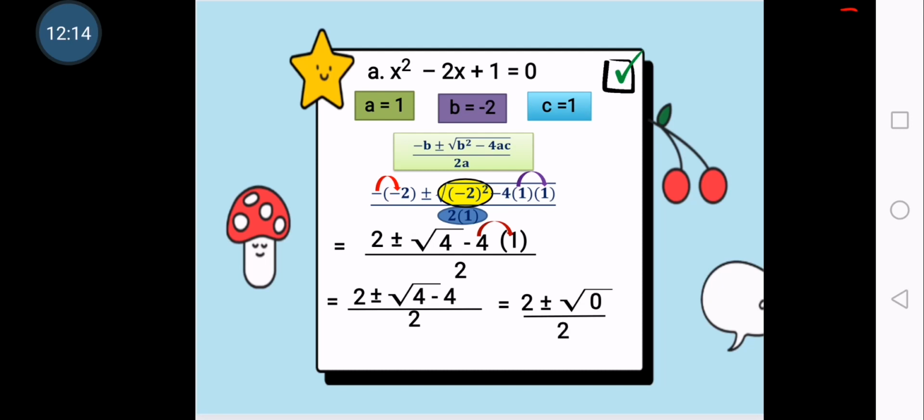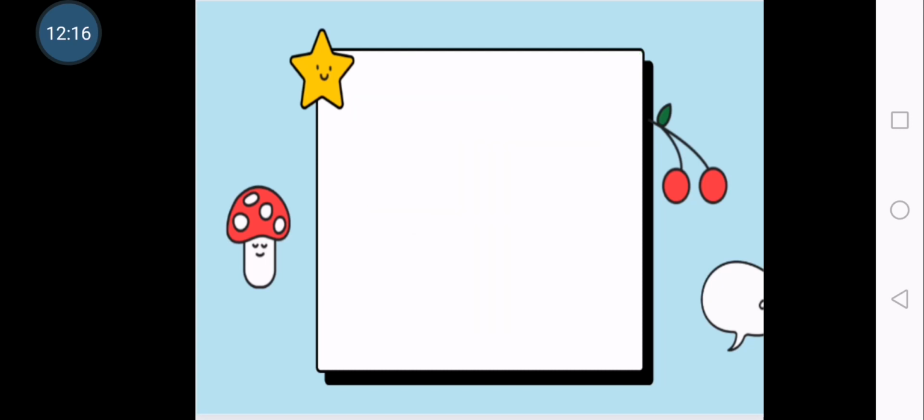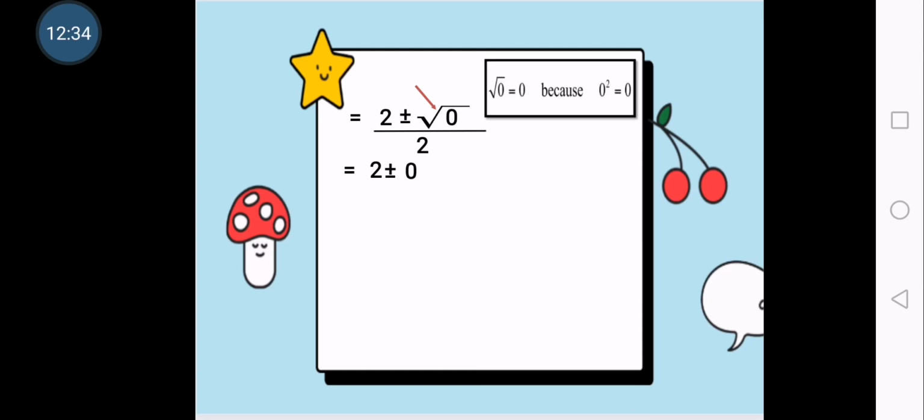Ililipat lang po natin sa next slide. So, 2 plus minus square root of 0 over 2. So, ano nga ba ang square root ng 0? Square root of 0 is 0, dahil 0 times 0 is still 0. Okay? Over 2.